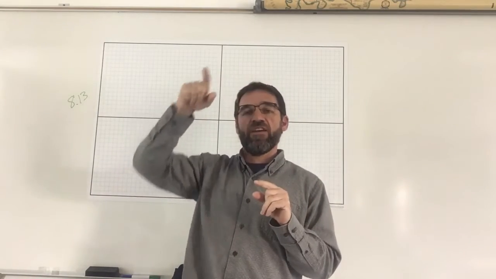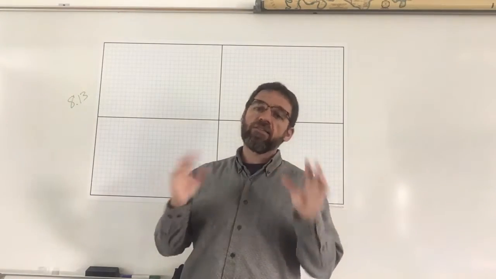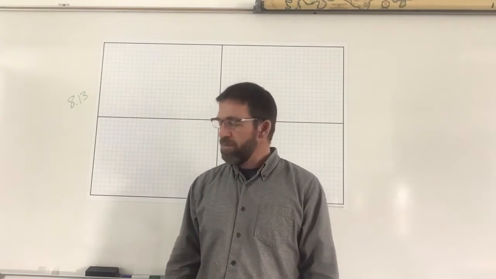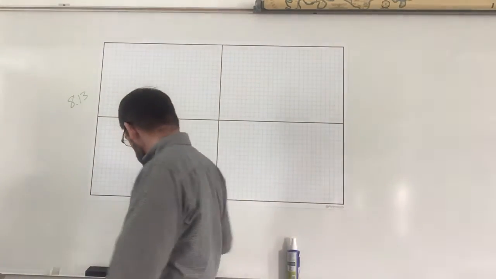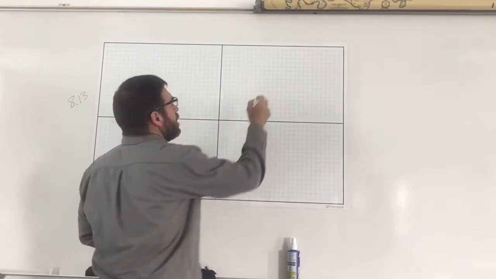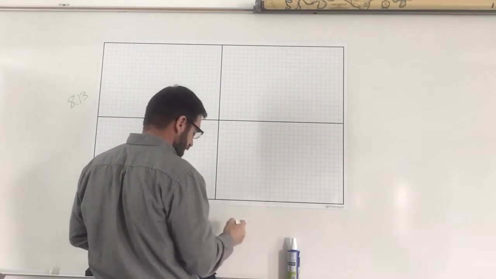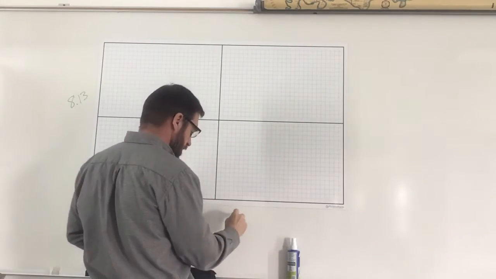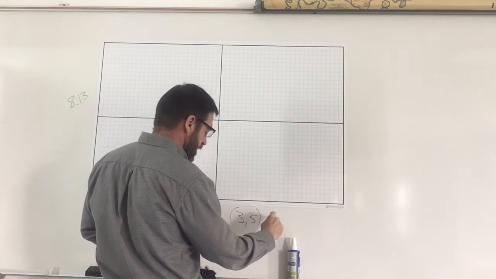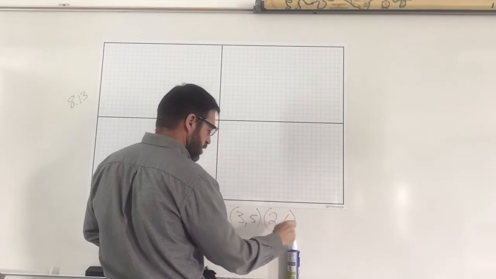You had to decide if something was a function or not. Maybe I should just talk about it because it connects so much with today's lesson. Remember that if you had a 3 and a 5 in a set, and then you had a 2 and a 6, that would work.